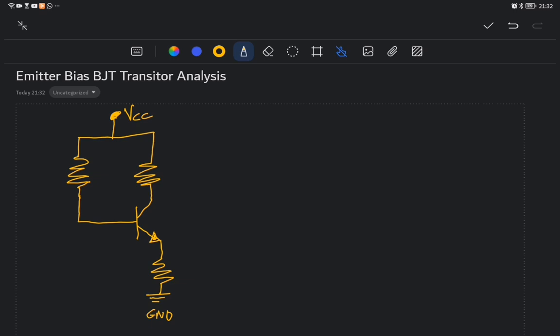So we need to do the same thing as before. We must highlight our nodes, very important. So that node there, and that node here, very important. And we have another node there, and we have another node there. It's going to come in handy.